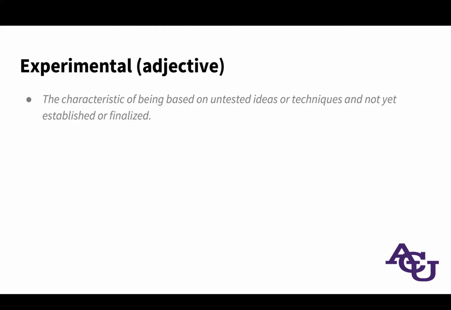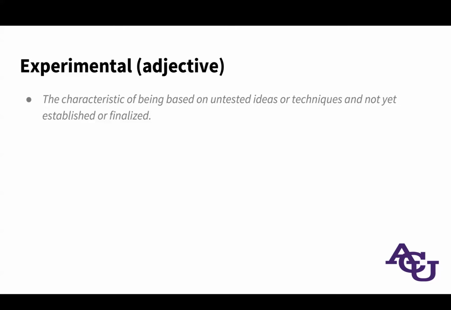Now, contrast an experiment, noun, with experimental, adjective, where we're talking about the characteristics of something being based on untested ideas or techniques and not yet established or finalized. And I do want to impress that here we're talking about it not yet having been established or finalized with the specific group in the specific time, because there's this whole business of what we call replication studies, where you're looking to see, is this still true?